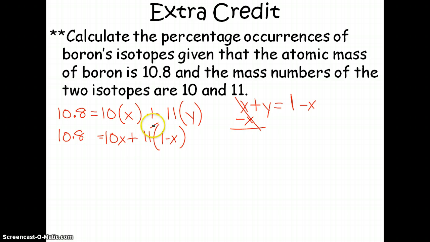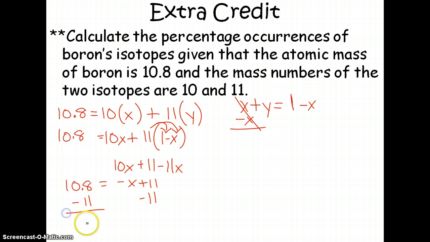Now we distribute the 11 into the 1 and the negative x. We get 11 minus 11x plus 10x. So that's really negative x plus 11, and that's all still equal to 10.8. Minus 11 gives us negative 0.2 is equal to negative x. So x is 0.2 or 20%.